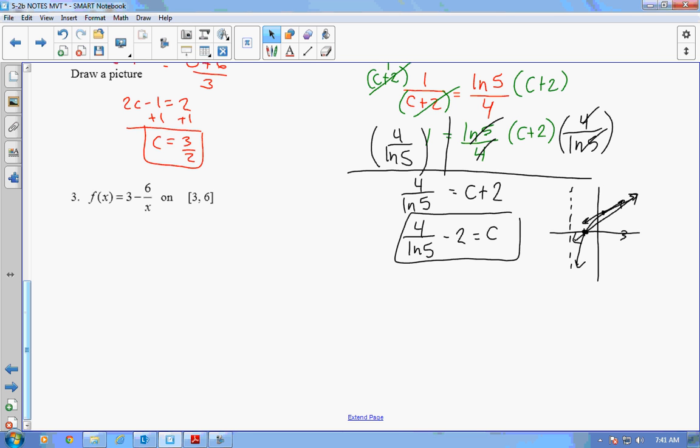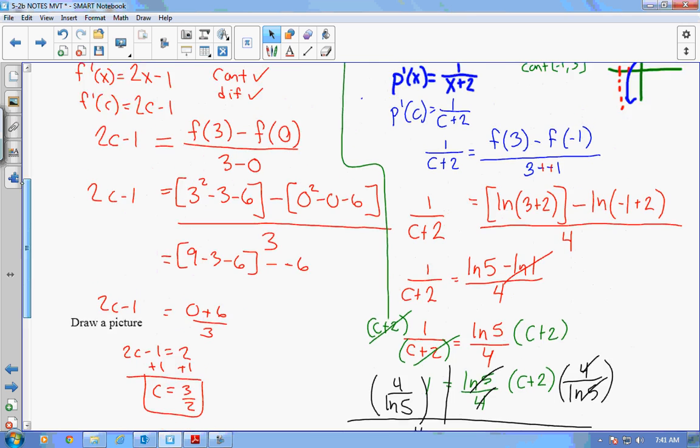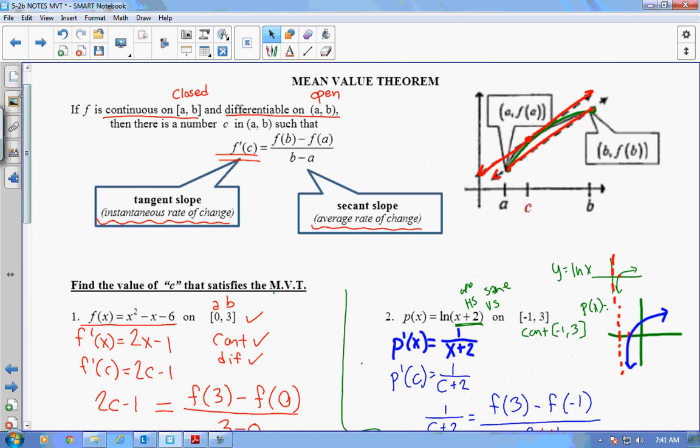And make sure you get it in the setup that is in the definition. We need the derivative at c, f prime of c, and we need the average rate of change equal to each other.